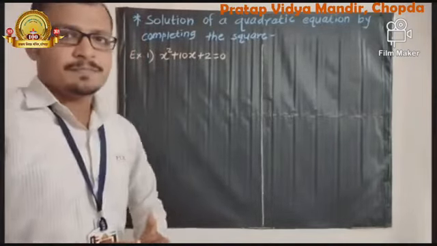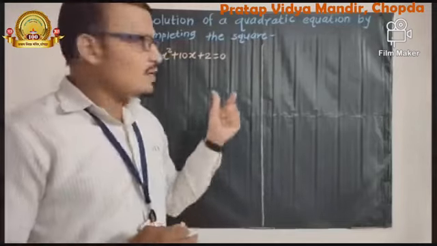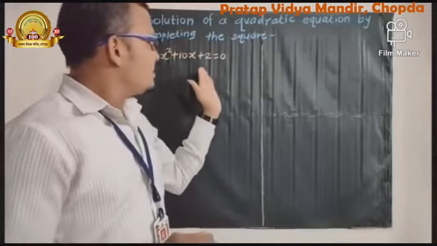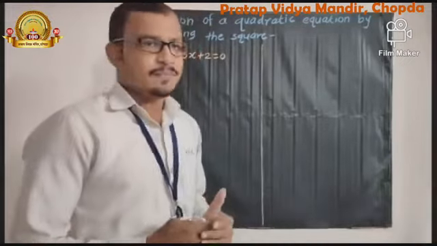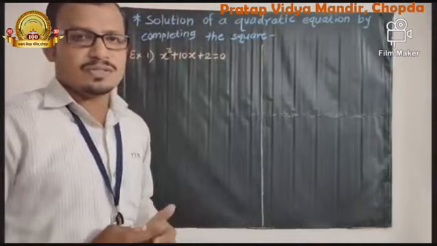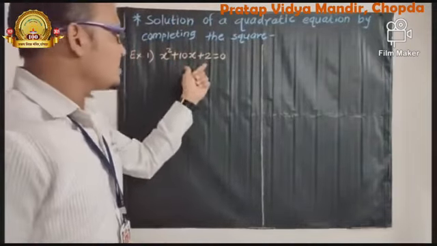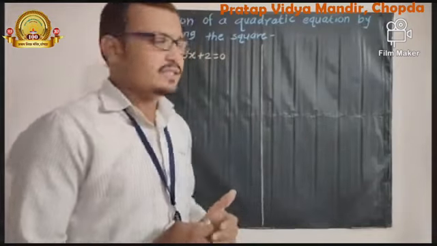Then next we have to write the constant term of the given equation into its RHS. Here what is the constant term? Clearly 2 is the constant term. So shift this constant term toward the RHS.